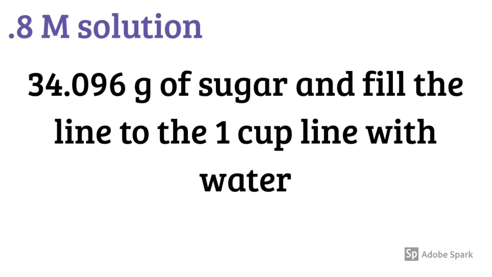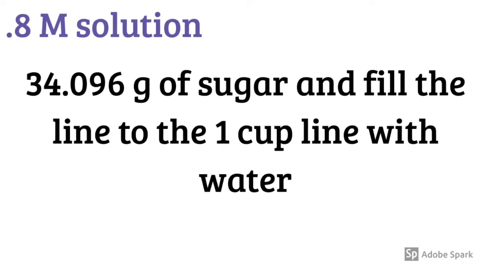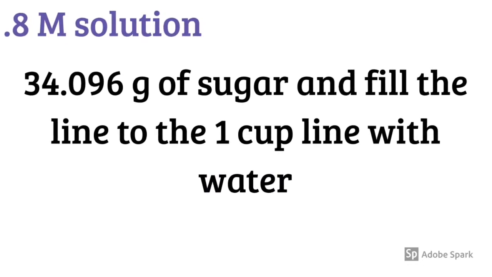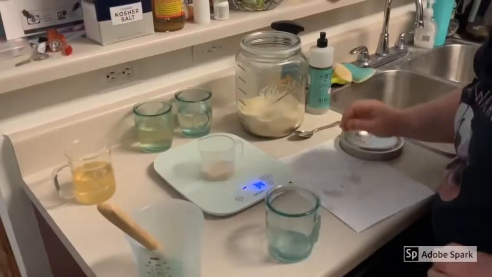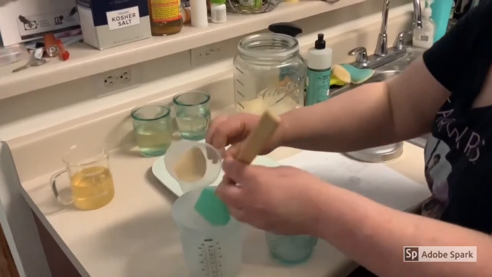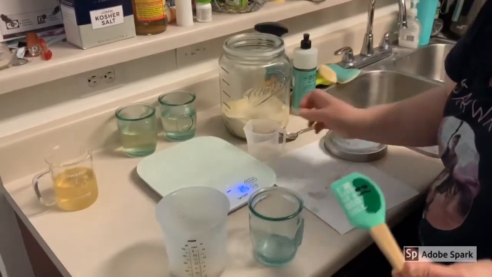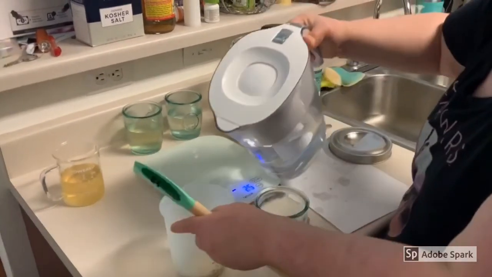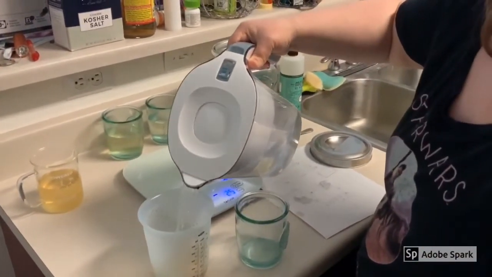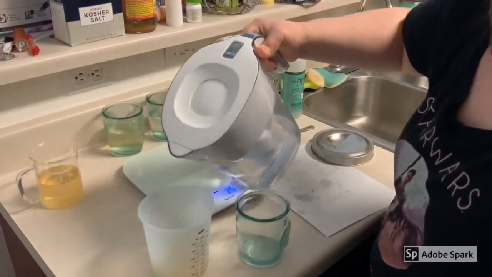Remember, we're only making 1 cup of solution. So I've got to get my 34.096 grams and add water up to the 1 cup line. Getting as close as I can with my scale. I've got 34 grams of sugar. I'm going to add my water up to the 1 cup line again and stir it until it's dissolved.